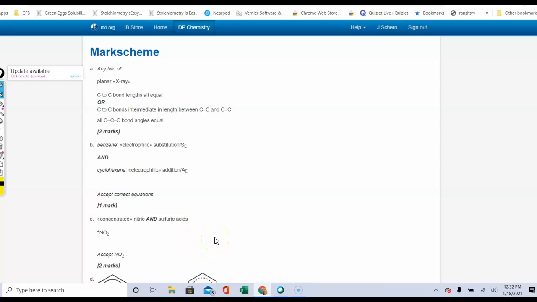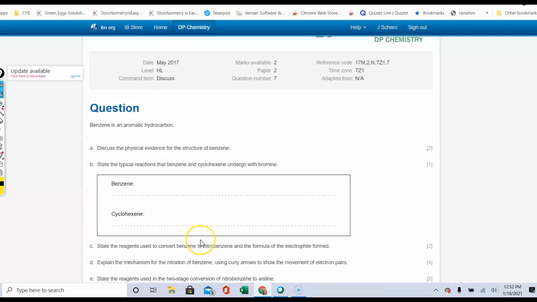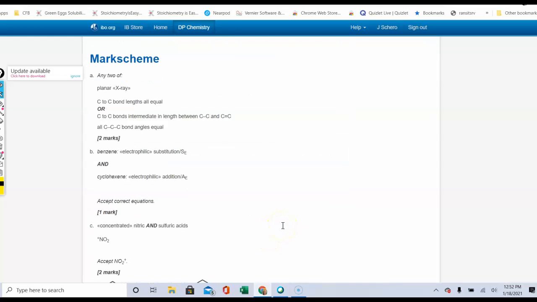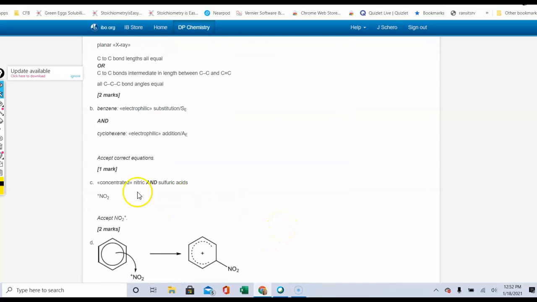Basically, it says plus nitronium, excuse me, I'm looking at the question and it says, and the formula of the electrophile formed. Okay, I didn't realize that said that on there. So you did need to get the 2 marks: you needed both nitric and sulfuric acids and the nitronium ion.